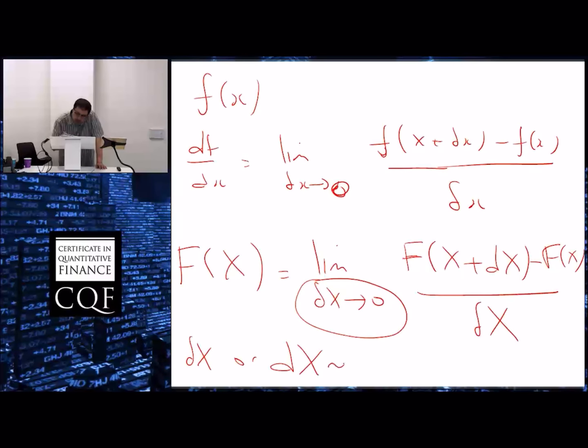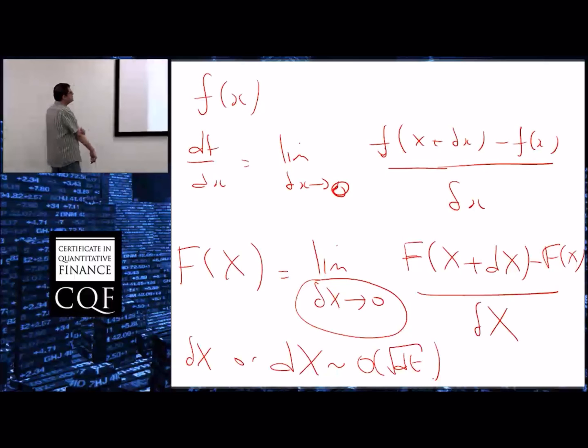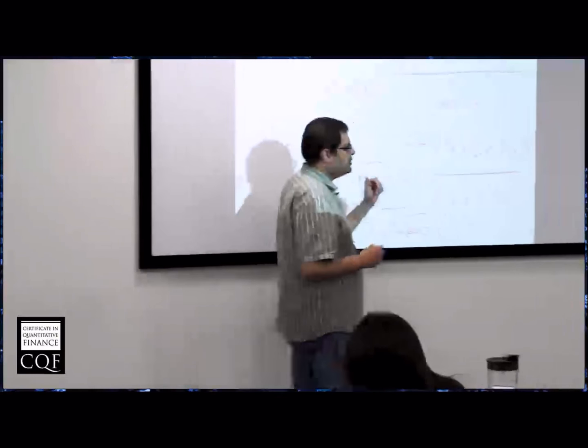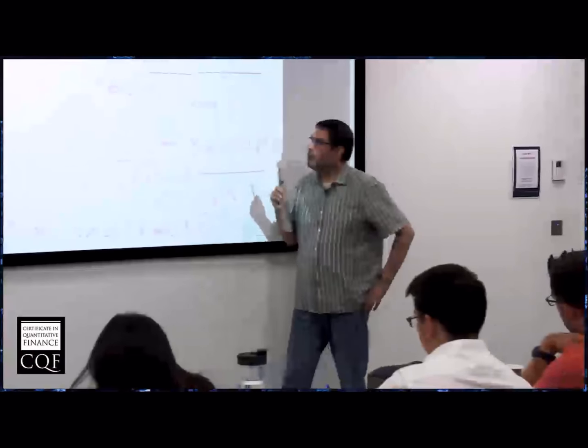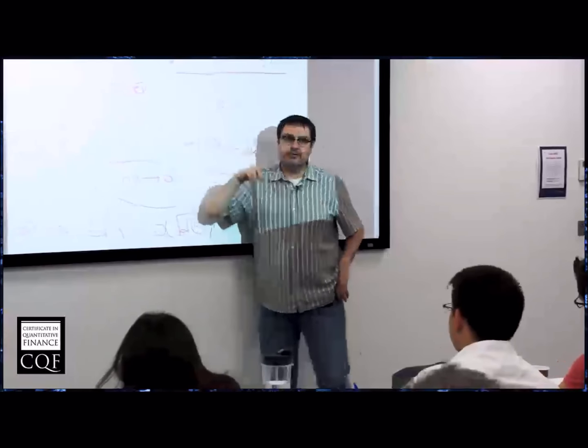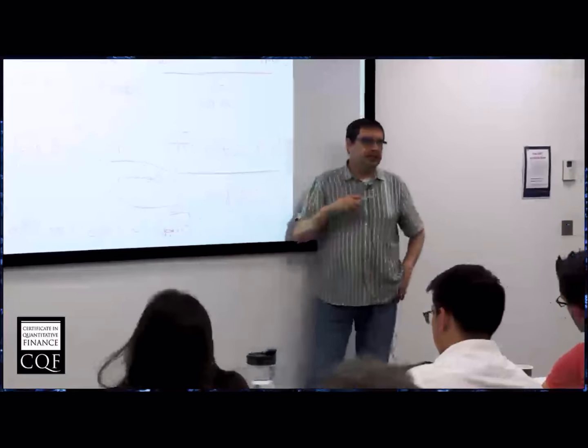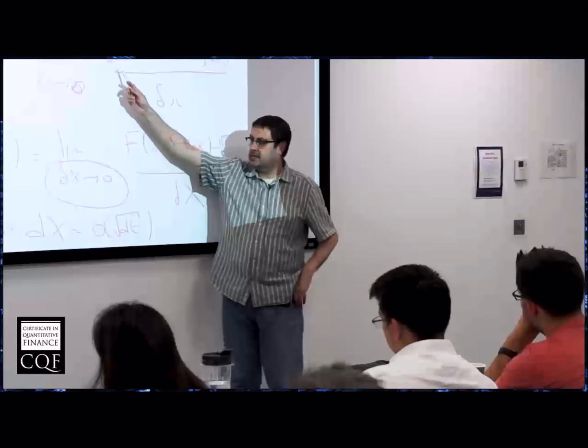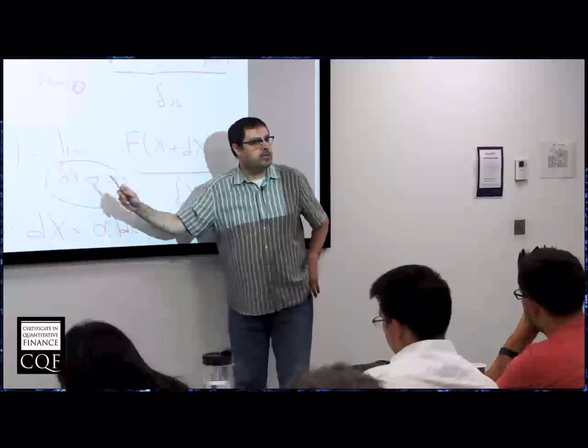So order root dt. Now, have you ever seen a situation where when you look at the derivative of something, instead of having delta x tending to 0, it's the square root of the process tending to 0, which is everyday differentiation? So the same can't be done.